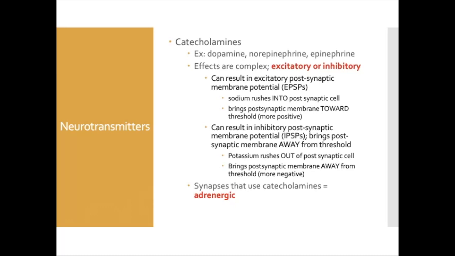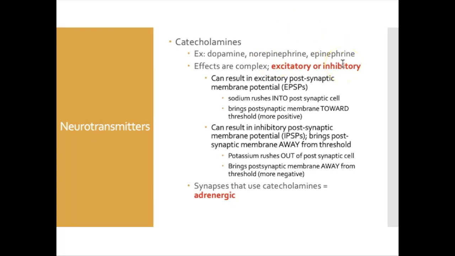Now, these catecholamine chemicals, they're all related to each other. In other words, dopamine is produced in these neurons from certain precursor chemicals, and then the dopamine can be converted into norepinephrine, and the norepinephrine can be converted into epinephrine.